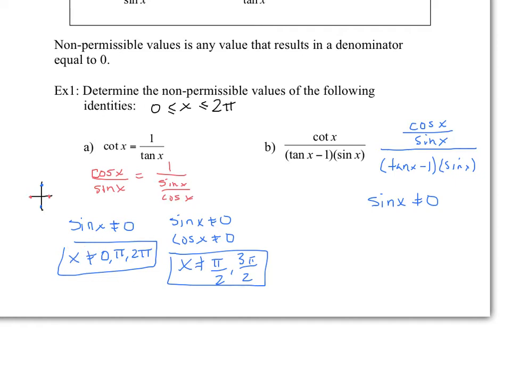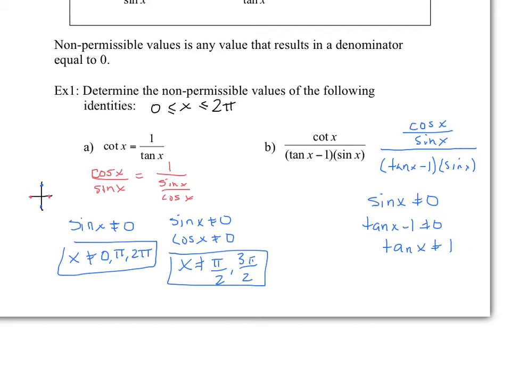We have another one though, if you look closely, because tan x minus 1 cannot equal 0. So tan x cannot equal 1. I brought the negative 1 over there. So you have two conditions here that would give you 0.